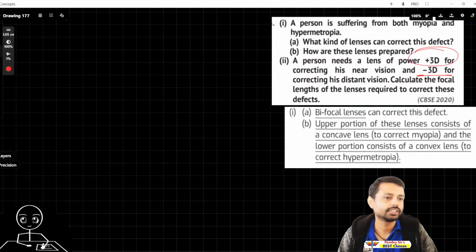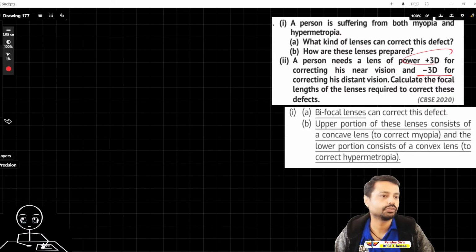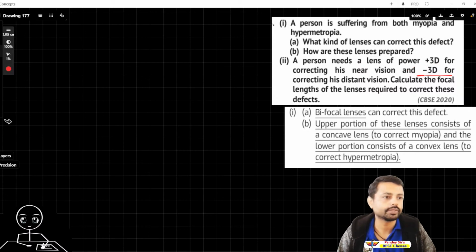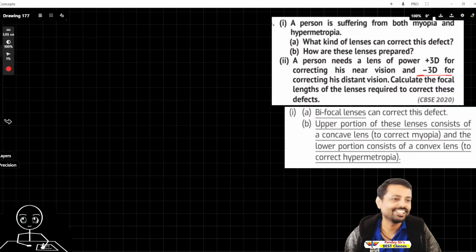Whatever. Distance vision this, and this is near vision. Like this one is a far-sighted person and this is a near-sighted person. Hypermetropia person. Myopia person. You get confused now.